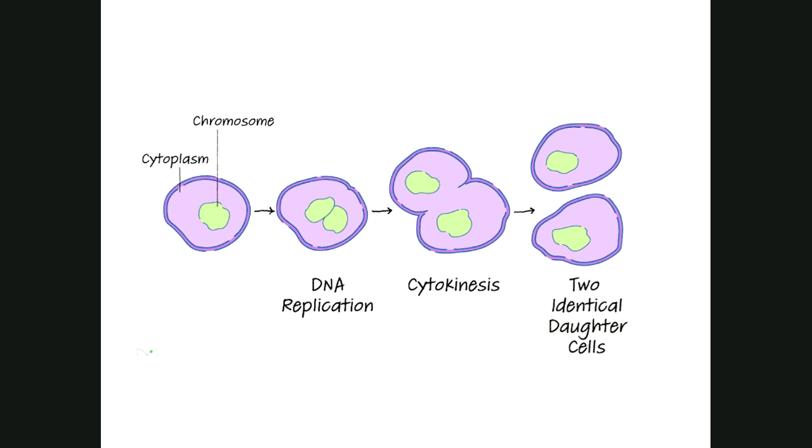Now there are two copies of the single circular DNA. Then the two DNAs move toward opposite poles and a space is formed between them. From that space, the cell divides into two new daughter cells. This is the simplest form of binary fission, which occurs only in prokaryotic cells, which are the bacteria.